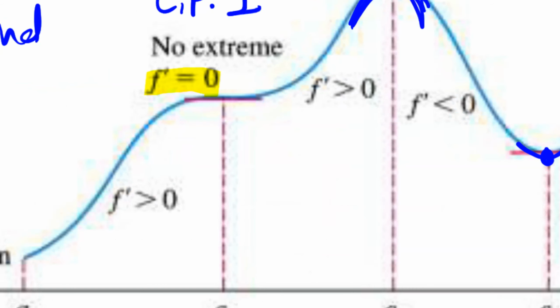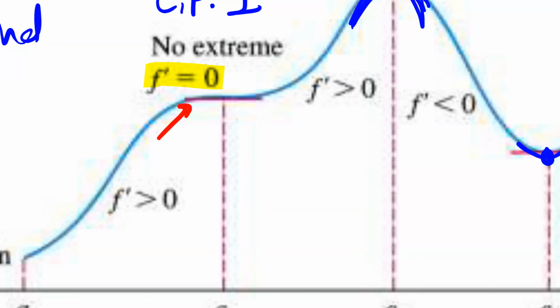At this point right here, I have a slope of 0. It's flat, because the graph comes up, it flattens out, but then it comes back up. So this point right here is smaller than the side that's after it, but it's bigger than what's on the left of it. So it's actually not an extrema. It is a critical point, but it didn't give me an extrema.